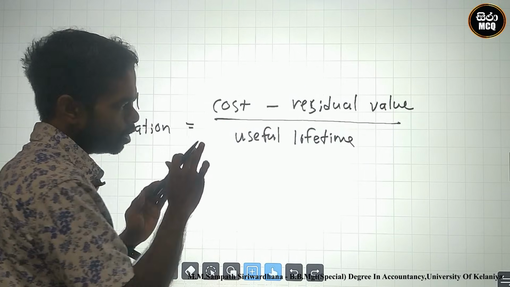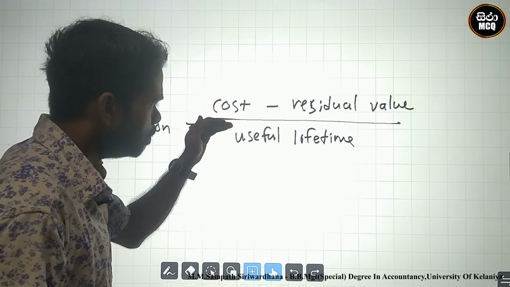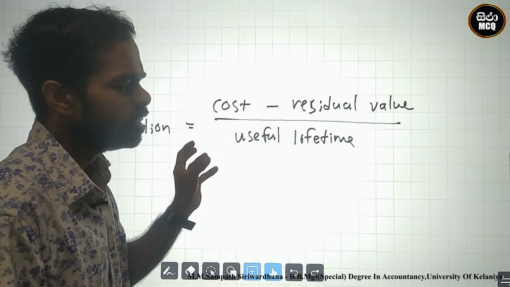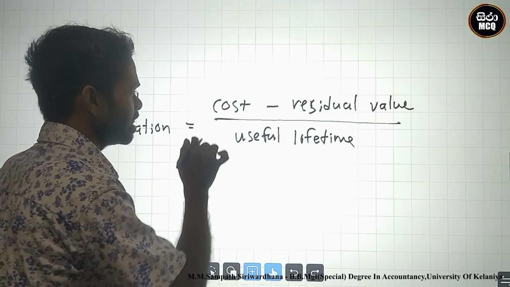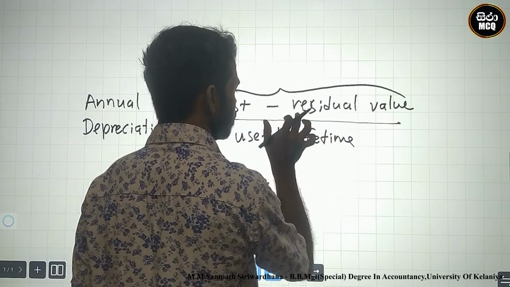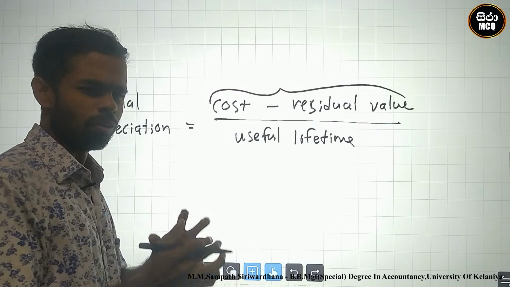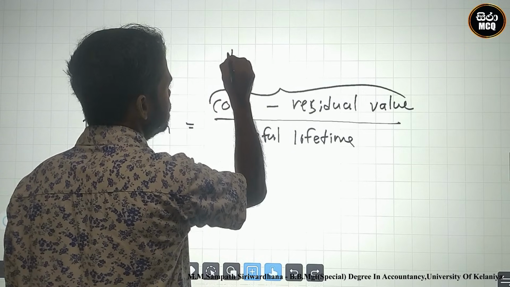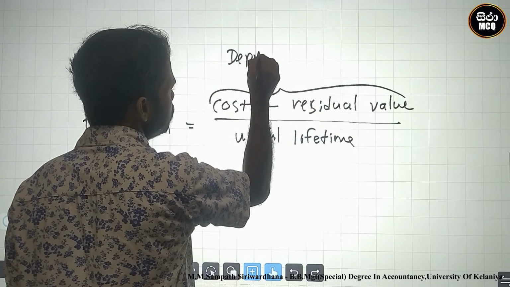There is a systematic allocation, dividing by the useful lifetime. No, this is the allocation. This amount, cost minus residual value, what is the one word we can use? Depreciable value.